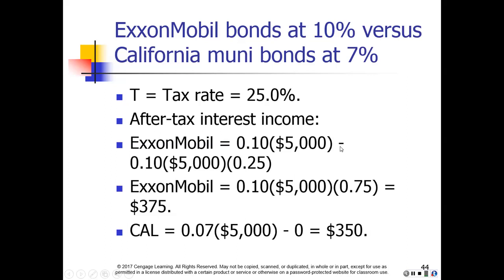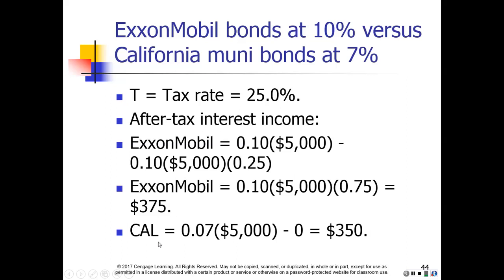We have $5,000 invested in ExxonMobil, and we get 10%. We'll get 500 in interest, but we then have to pay a quarter of that, 25% of that, in taxes. So 25% of 500 is 125. So 500 minus 125 gives us 375. So even though ExxonMobil is paying 10% interest, what we get is $375.